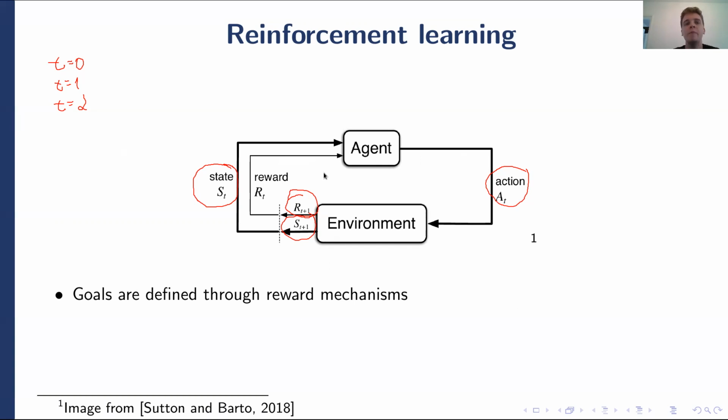Now, the goal of the agent in this setting is to maximize the sum of rewards. So the agent wants to maximize the sum of rewards that it observes until some final time step that I'll denote by capital T here.